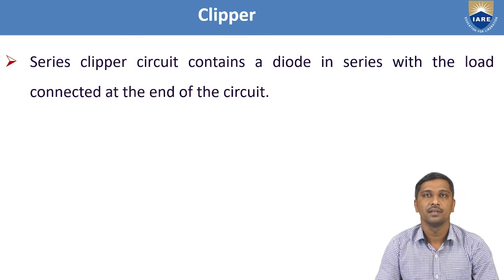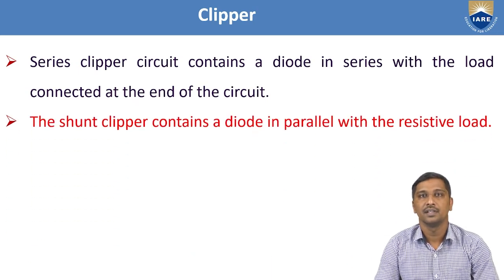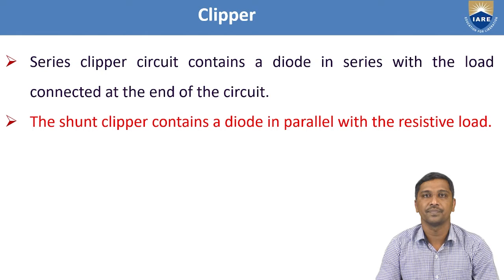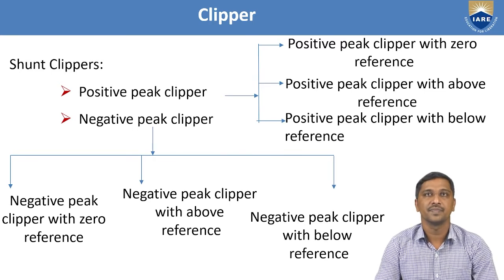If you want to design a shunt clipper, the shunt clipper contains a diode that is in parallel with a resistive load, or the output is in parallel with the diode. That type of circuit is called a shunt clipper circuit. These are the different classifications.